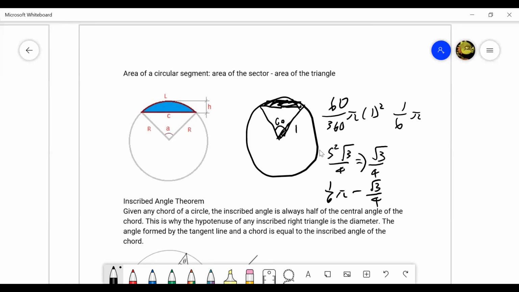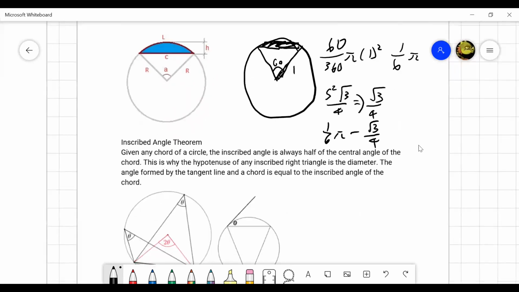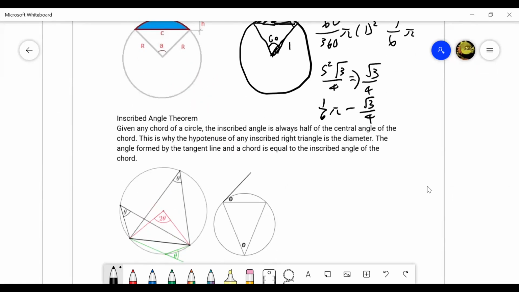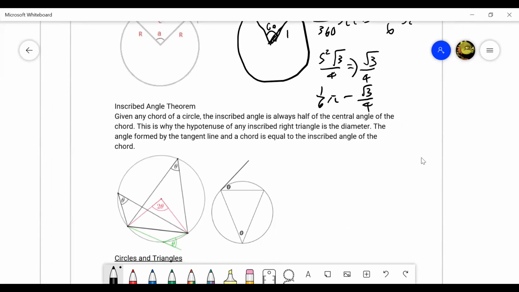All right, so next we have the inscribed angle theorem, and this is very cool actually.